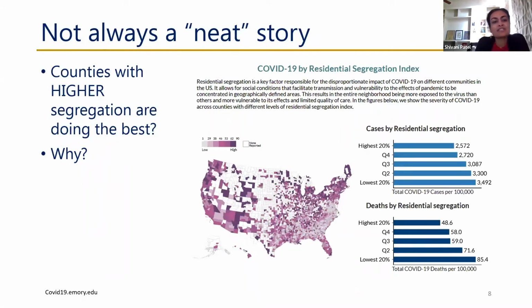I also, though, must show you this figure, which shows COVID-19 by the residential segregation index. So higher values of the residential segregation index indicate, as it would imply, a higher degree of residential segregation. By residential segregation, I'm referring to the process of similar race groups residing with one another versus dissimilar race groups residing with one another.